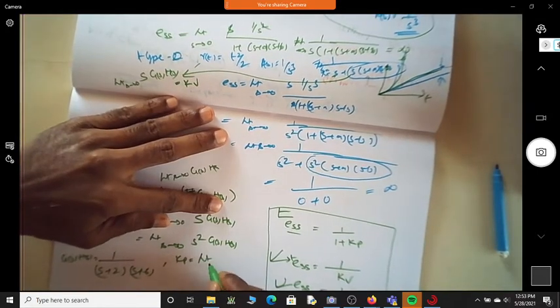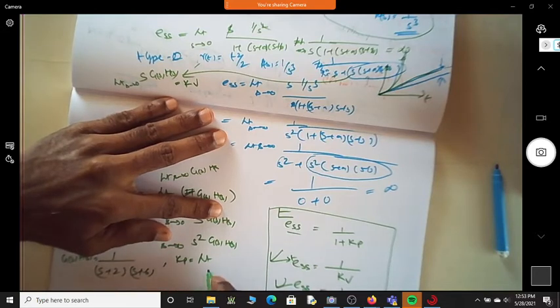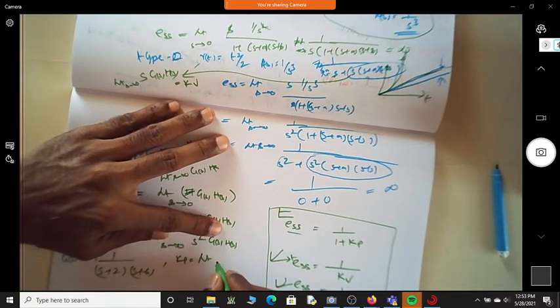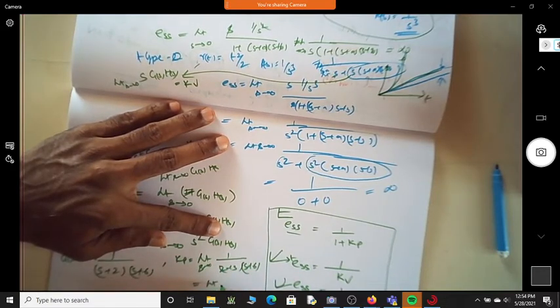It is limit of s tending to 0, 1 over (s plus 2)(s plus 6). Is it actually 1 over 12?